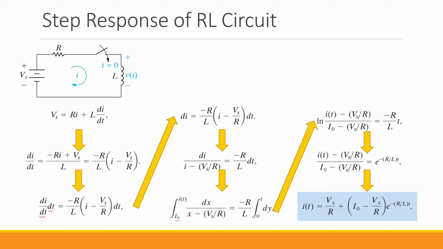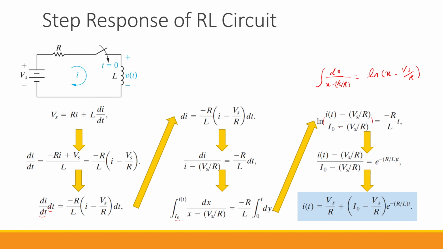More specifically, it's the natural log of I minus Vs over R divided by I0 minus Vs over R. So the actual indefinite integral is going to be natural log of x minus Vs over R. But since we have these two limits for the integral, we replace the x first with I and then with I0, and then we subtract them from each other, and then since it's the natural log, the result of subtraction can be combined as division inside the natural log.